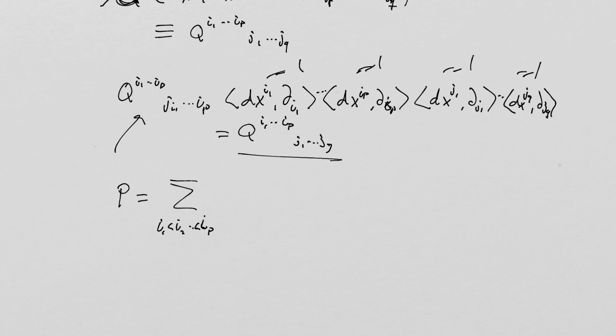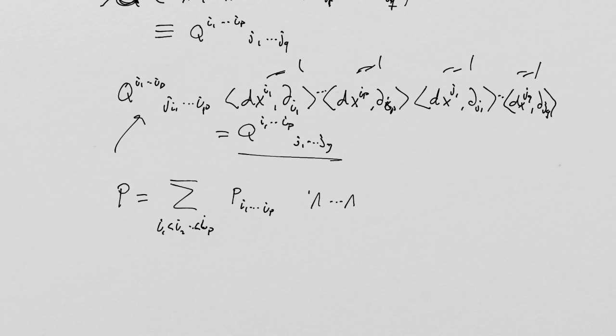I need to pick through every conceivable increasing indices structure and sum them all up, but we know what this is: it's P i1 through ip, and then it's e i1 wedge through e ip.